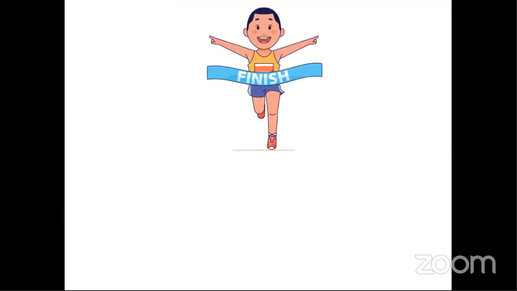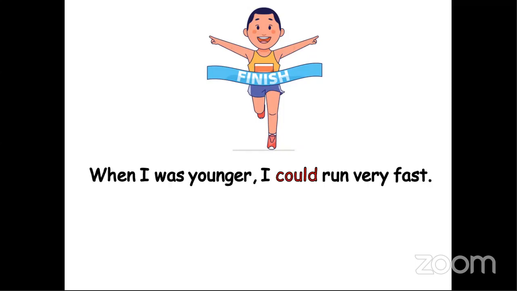Now, let us look into the next characteristic. When I was younger, I could run very fast. Now here, could is expressing an ability in the past. Is it not? So when I was younger, we're talking about something which happened in the past.